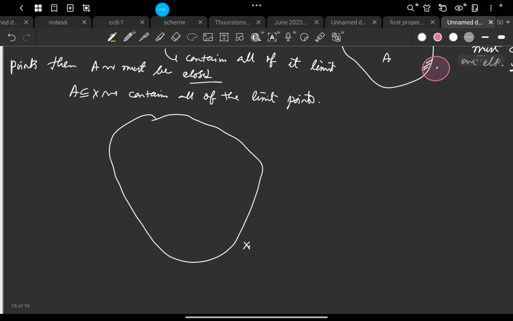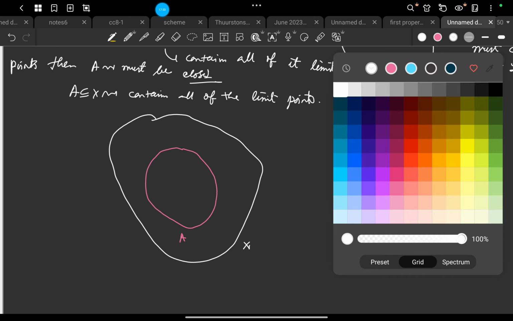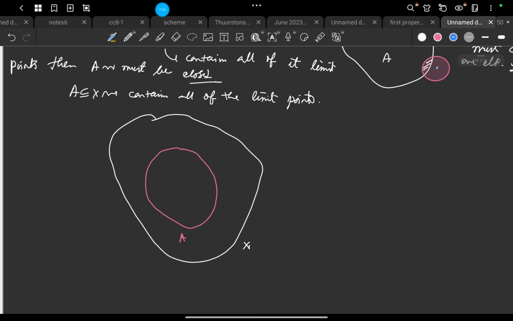This is my X and this is my A. Suppose you consider one element from X minus A. Here is my small point, let's give this the name small x. So we have to show that X minus A is open, right?